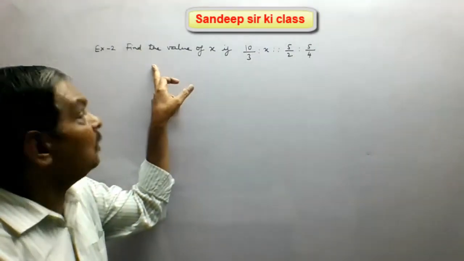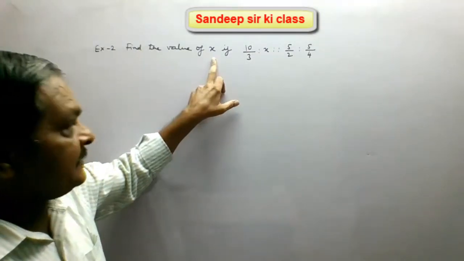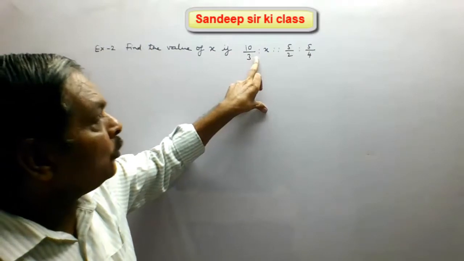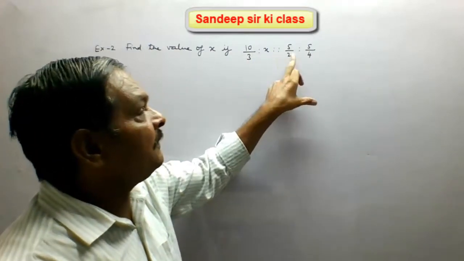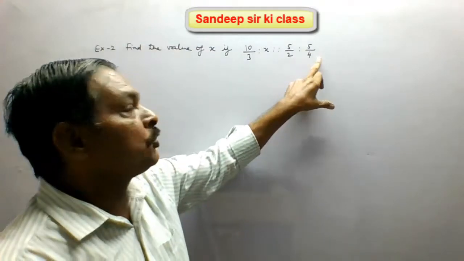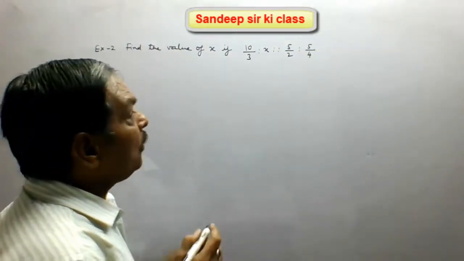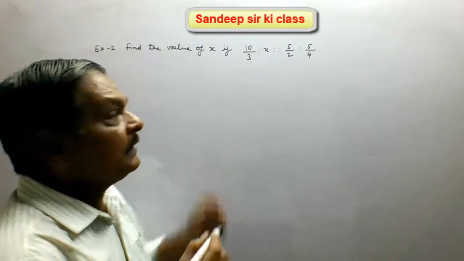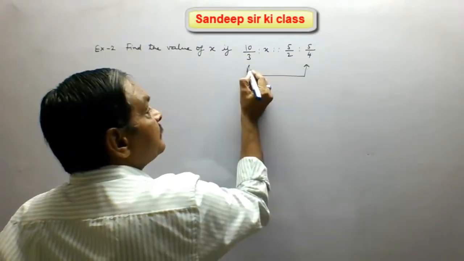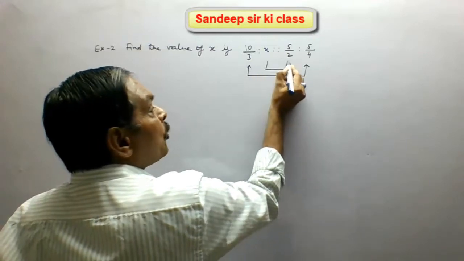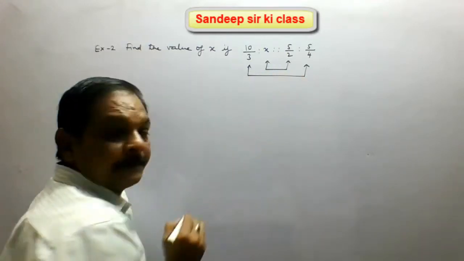Example 2: find the value of x if 10 upon 3 ratio x is in proportion with 5 upon 2 ratio 5 upon 4. Now if it exists, then product of extremes will be equal to product of means.